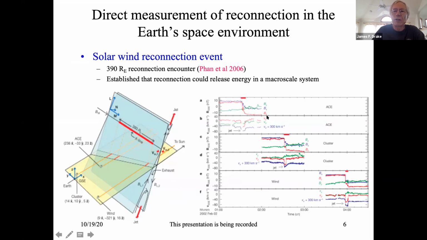And what you can see here, as a function of time, is the reverse magnetic field here, here, and here, and the outflow jets in the blue and the red, here, and here. So this establishes that reconnection is macroscopic, and that means you can have energy release in a macro system.